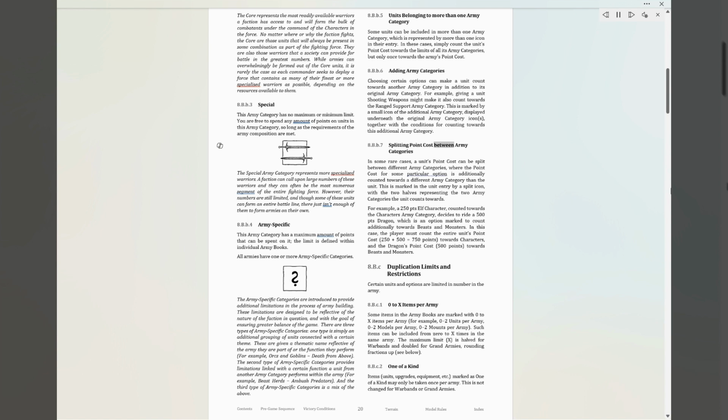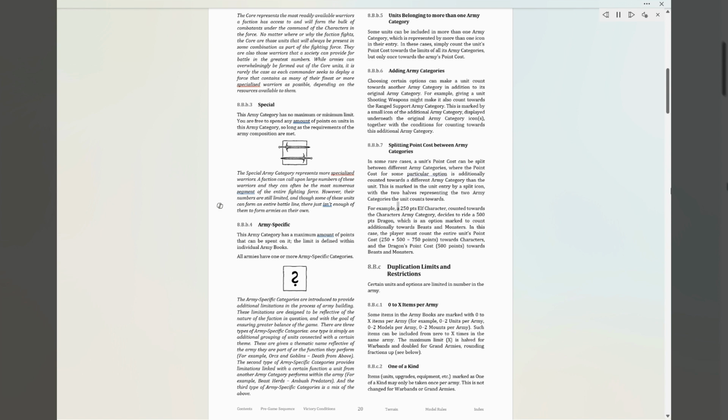Splitting point cost between army categories. In some rare cases, a unit's point cost can be split between different army categories, where the point cost for some particular option is additionally counted towards a different army category than the unit. This is marked in the unit entry by a split icon, with the 2 halves representing the 2 army categories the unit counts towards.